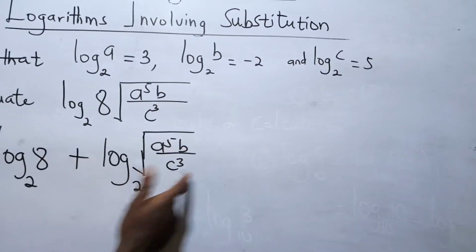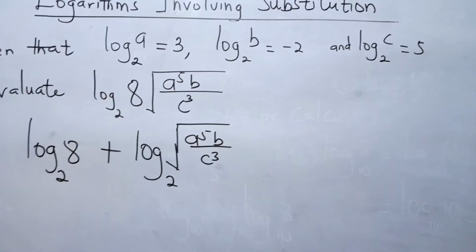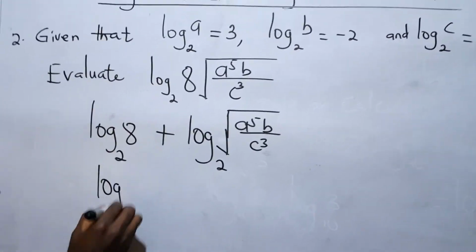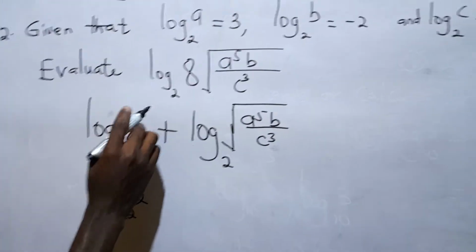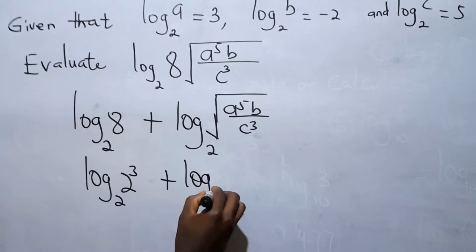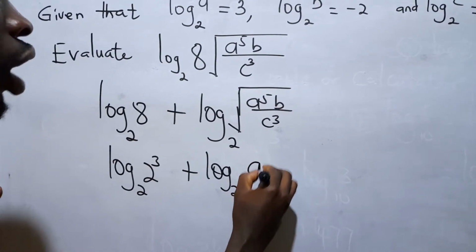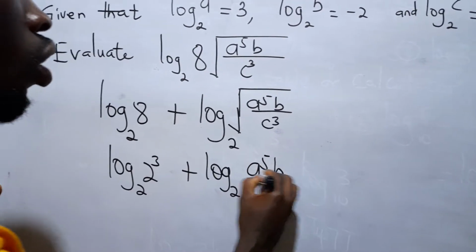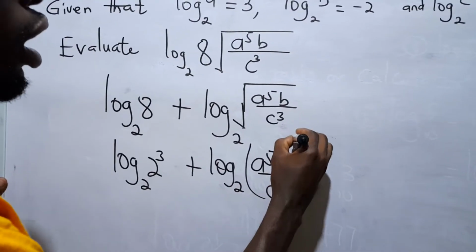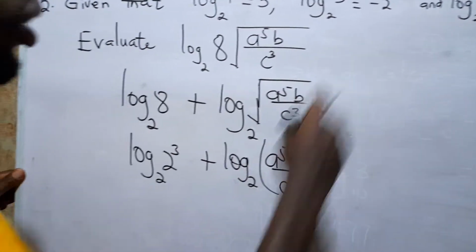We said the square root of every number is that number exponent half. So we can rewrite this as 2 exponent 3, which is 8. Then this as log a exponent 5b over c exponent 3, all exponent half, the square root.